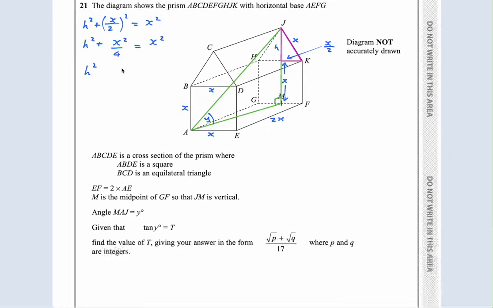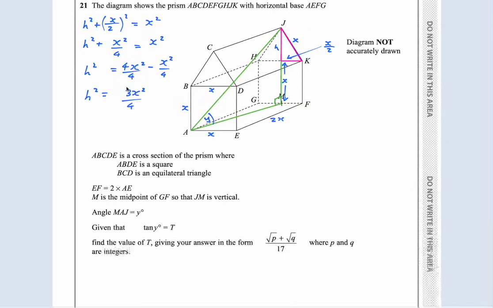h squared equals x squared minus x squared over 4, which is actually 3x squared over 4. That is because x squared is 4x squared over 4.